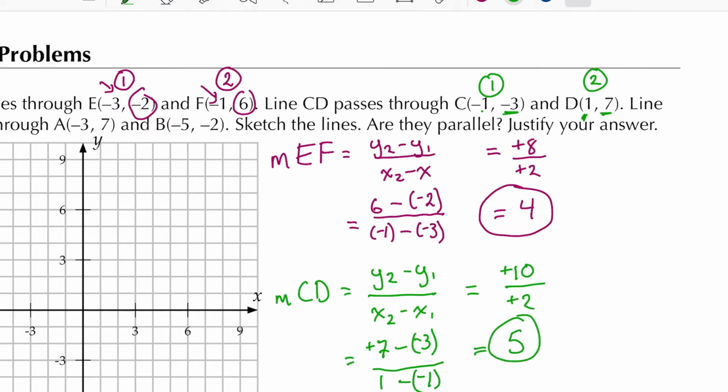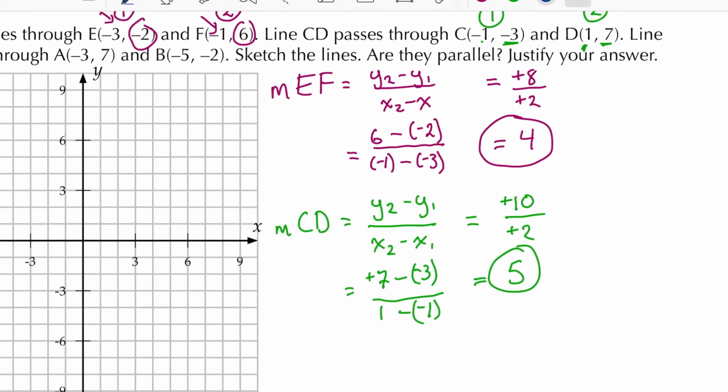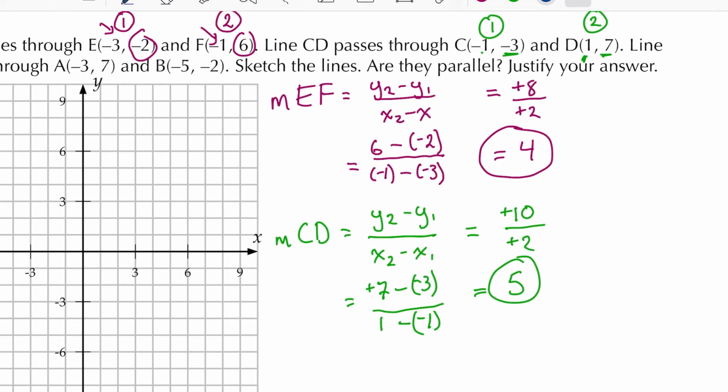So these two lines are not parallel. They don't have equal slopes. They're not perpendicular because they're not negative reciprocals. Now let's do the slope of line AB. And I'm almost out of space here. Slope of line AB is equal to y2 minus y1 all over x2 minus x1. I choose this as point number 2, this as point number 1.